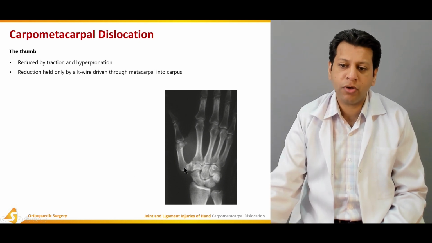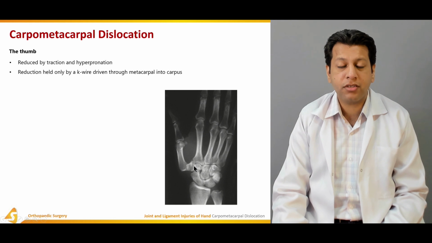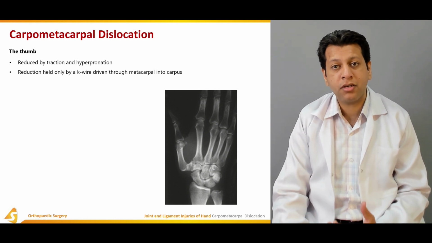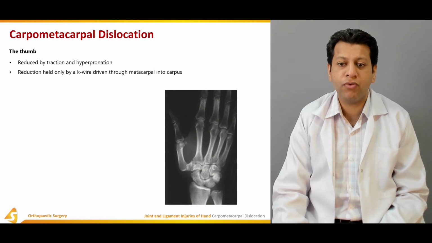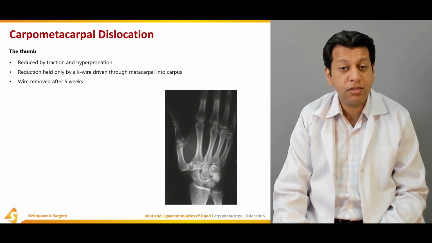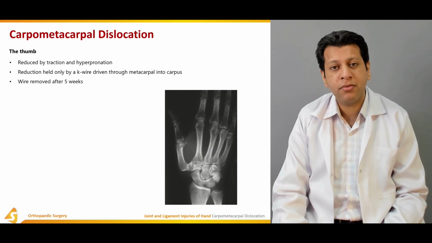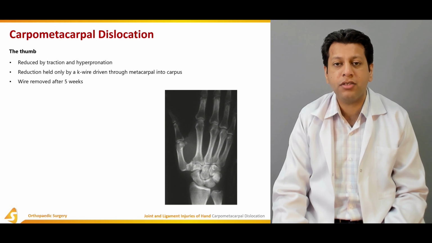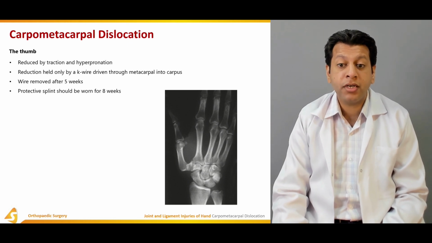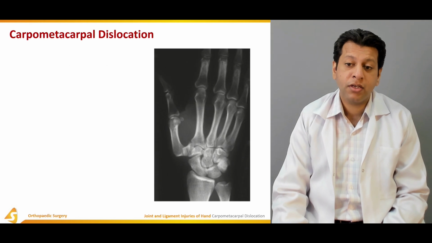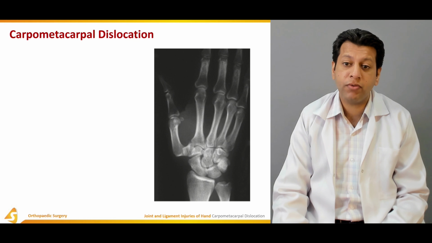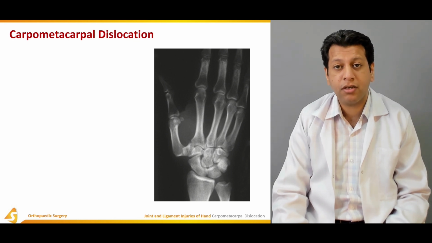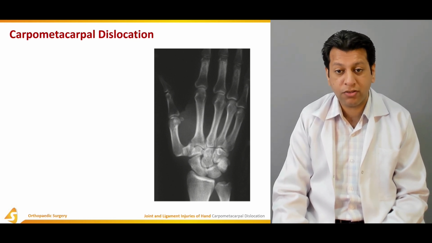That is, you join these two areas after the reduction so that the metacarpal and carpal anatomy is aligned, and they stay aligned for a few weeks. The wire is removed at 5 weeks. By that time the capsule has healed somewhat, and a protective splint can then be worn for 8 weeks. The important point is that the rehab continues for 6 to 8 weeks at max. It may continue up to 12 weeks as well.